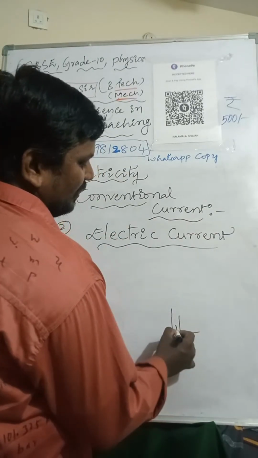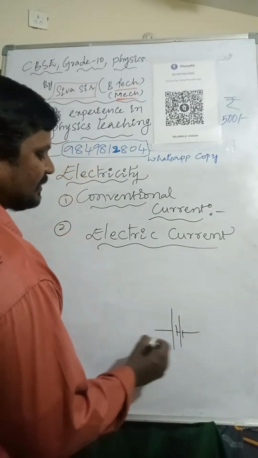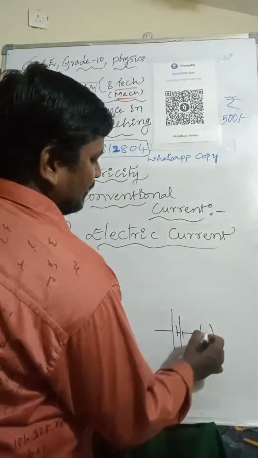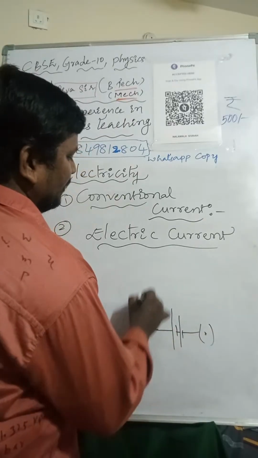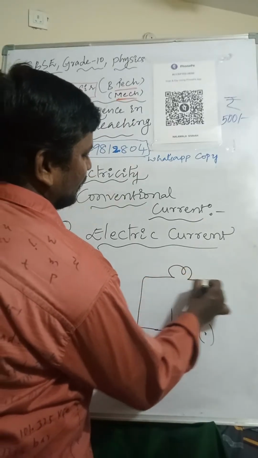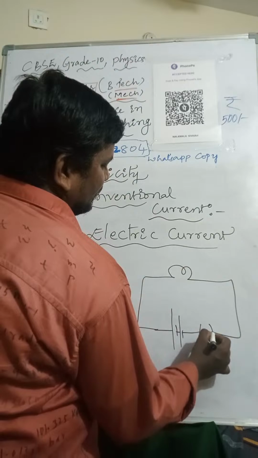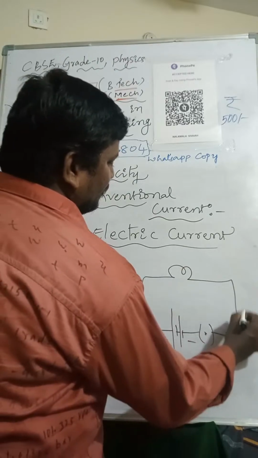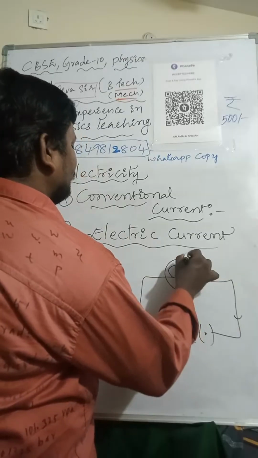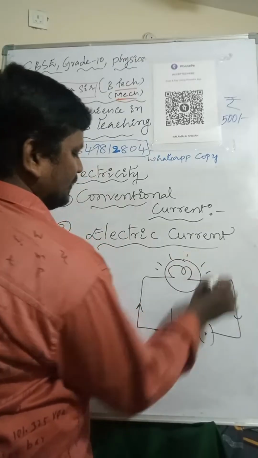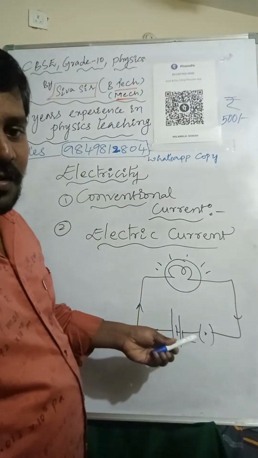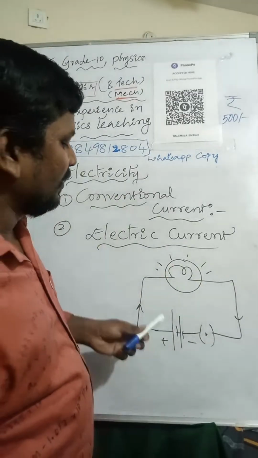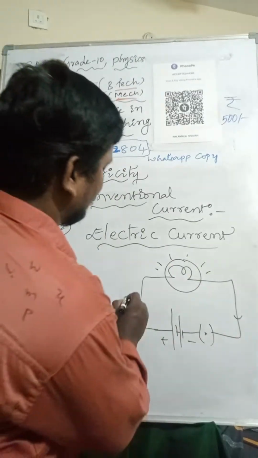I will discuss electrical appliances later. Meanwhile, take this electric circuit. There is a positive terminal and a negative terminal, and current is flowing through it. So the bulb is glowing because the switch is closed, and current is flowing.